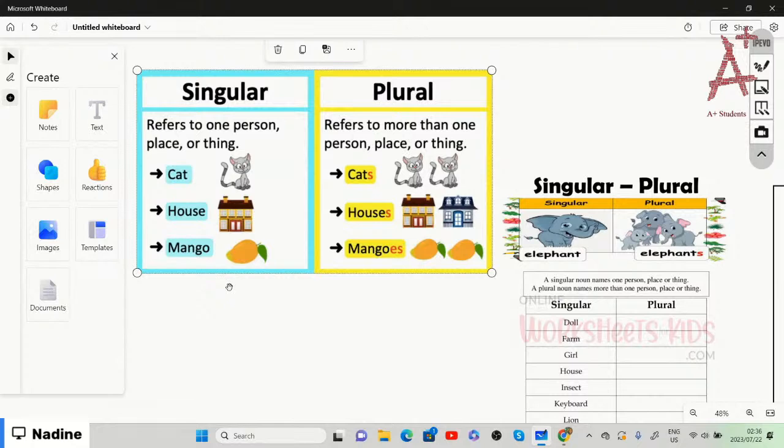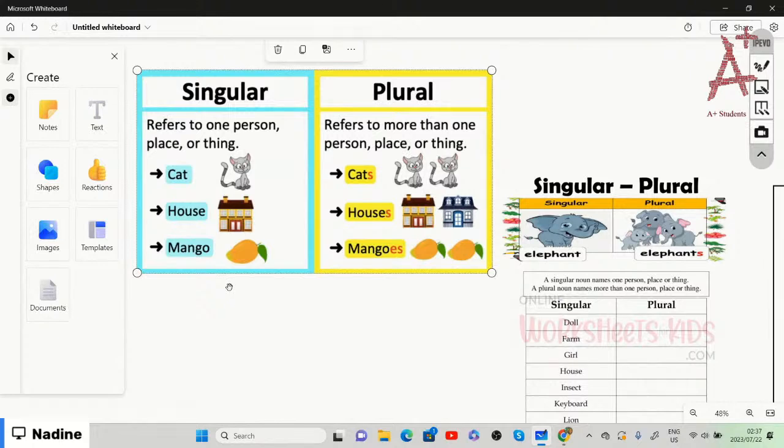House on the left hand side, one house. On the right hand side, where it says plural, houses. Then we also have mango. One mango.